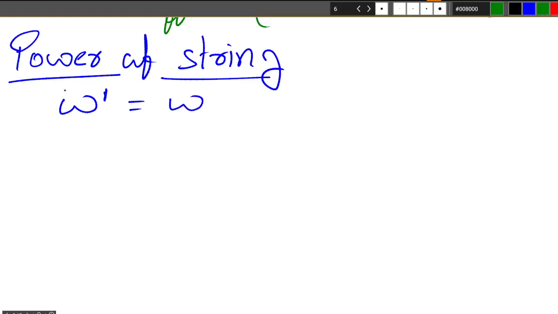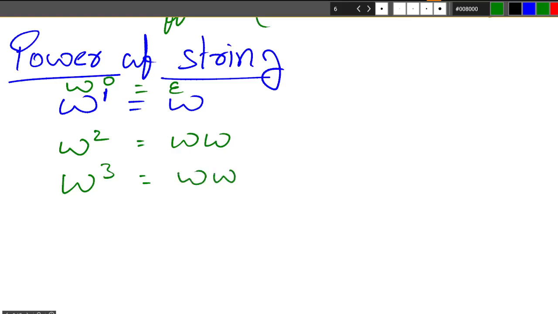If the power is 0, what does it mean? It is lambda or epsilon. If I say power is 2, then it is concatenation of w with w. If the power is 3, then w with w 3 times.